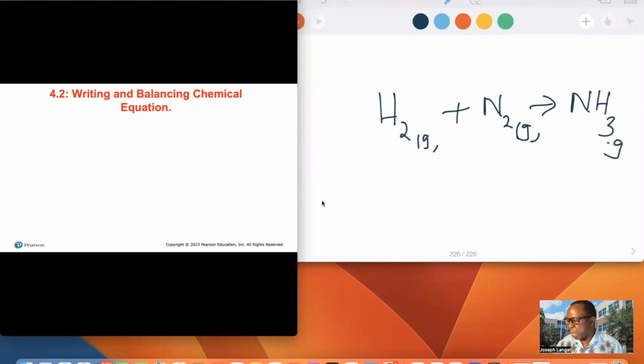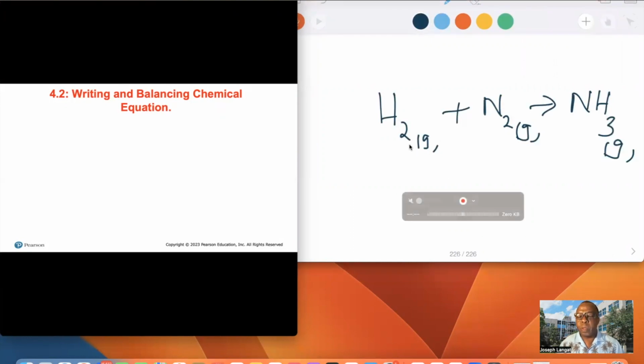This is a chemical equation representing a chemical reaction between hydrogen gas and nitrogen gas. In section 4.2, we will look at how to balance the equation. Why do we need to balance the equation? Because of the law of mass conservation, which states that matter cannot be created or destroyed. That is the essence of balancing the equation.